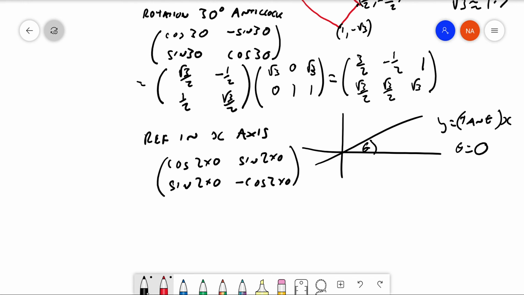And that will give us 1, 0, 0, negative 1 for our reflection matrix. You could do that more intuitively when you get familiar, but I'm just using all the stuff that we've got to do it. Okay, now we need the composite thing.